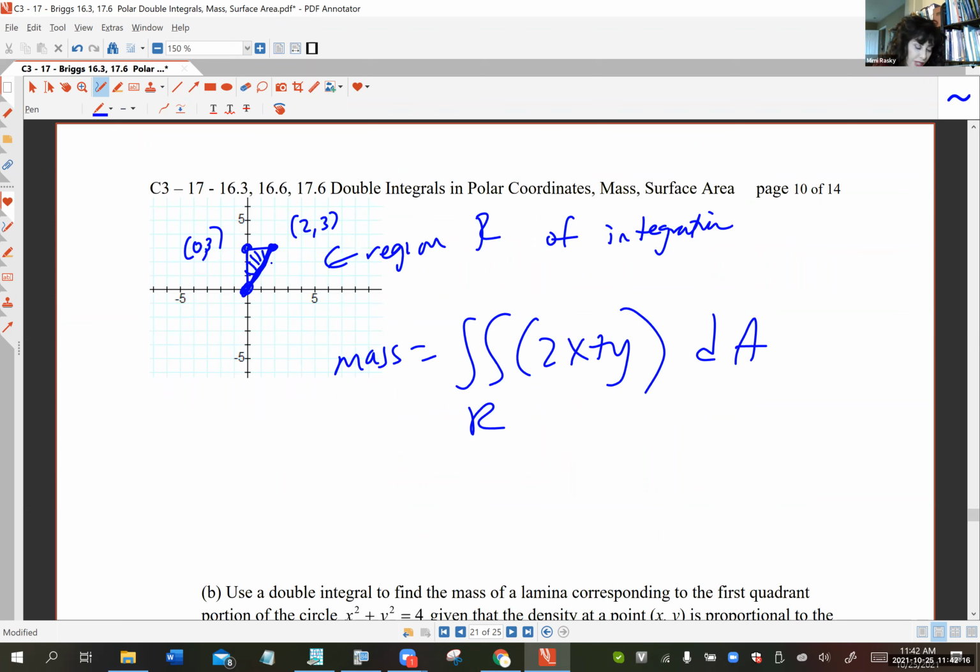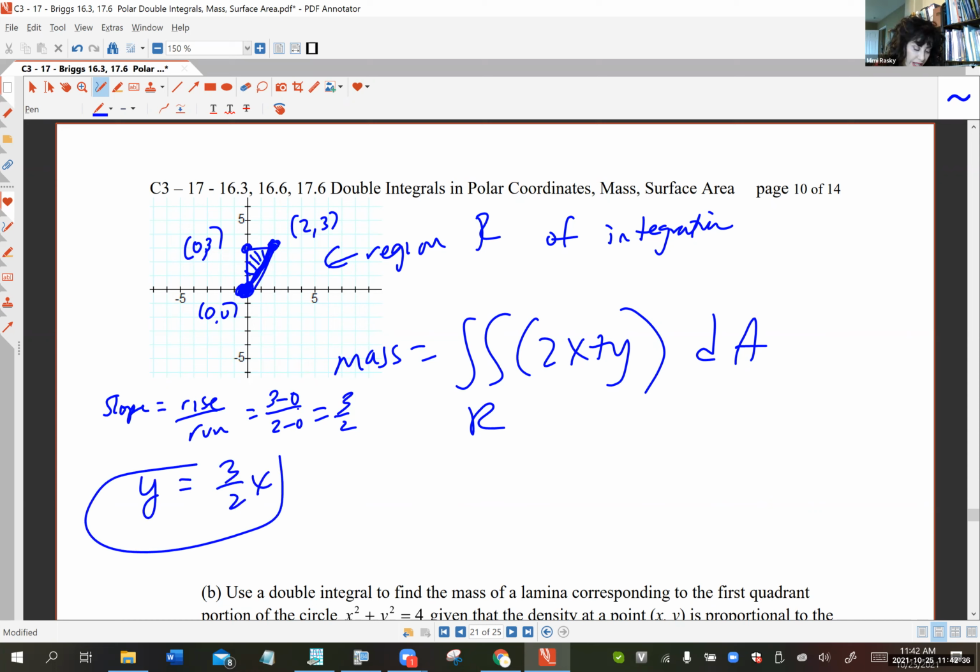Two points determine a line, so you know that the slope of the line is the rise over the run, and so that's the difference of the y coordinates divided by the difference of the x coordinates. It looks like the slope is 3/2, and you already see that the y-intercept is 0, so the line is going to have the equation y equals 3/2 x.